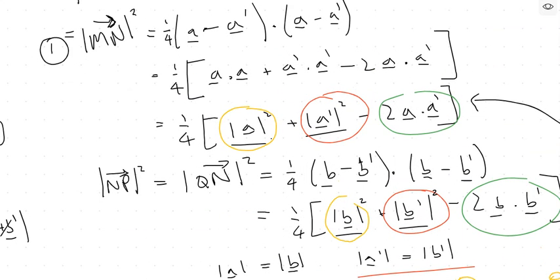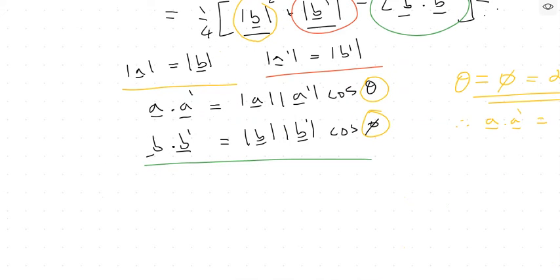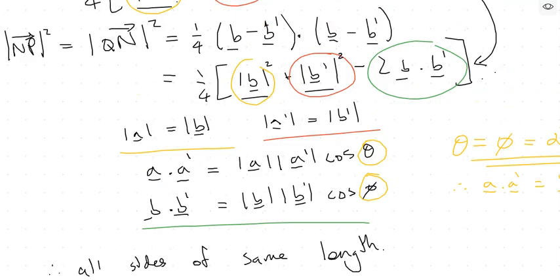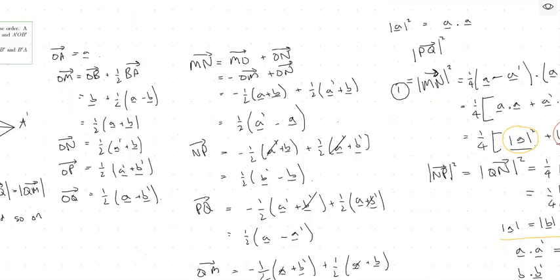Which means that the lengths of all the sides are the same, right? So therefore all sides are of the same length. Okay, let's just zoom out a little bit, make sure that all makes sense.